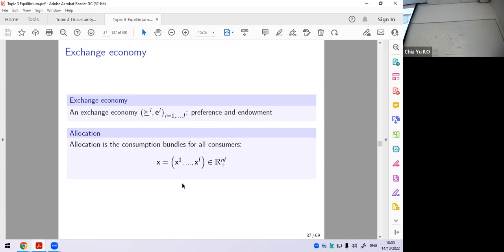The input of this model is the preference and the endowment. The output of the model, or the solution of the model, is what we call the allocation.